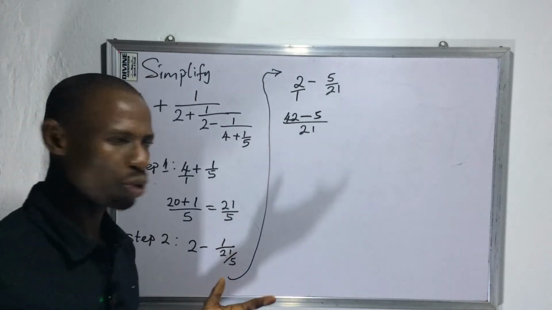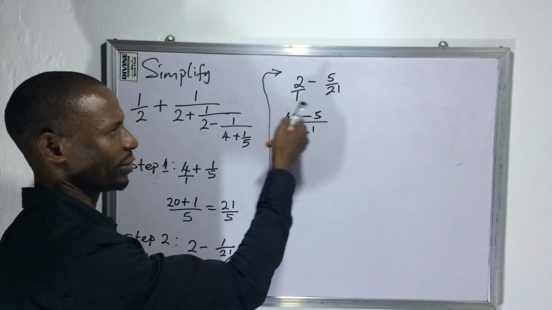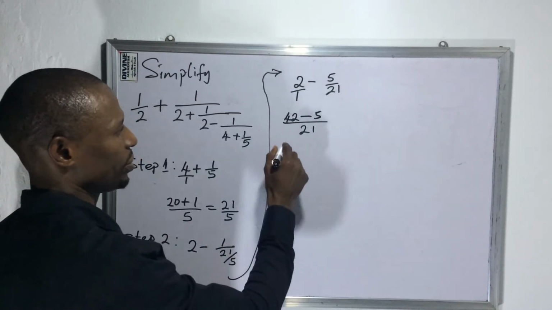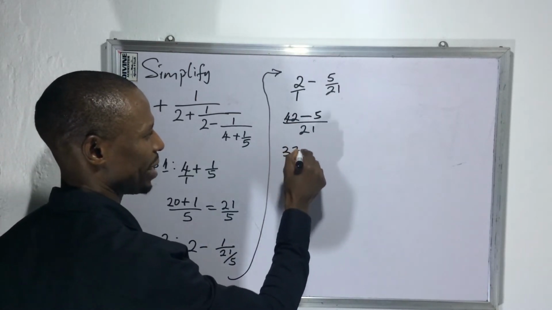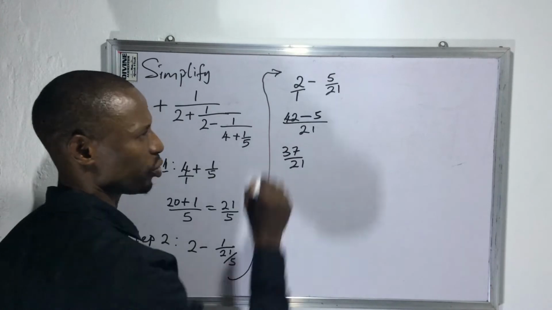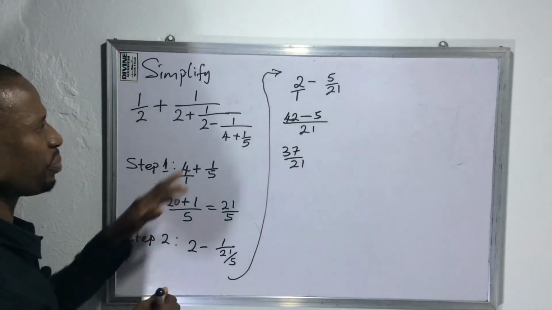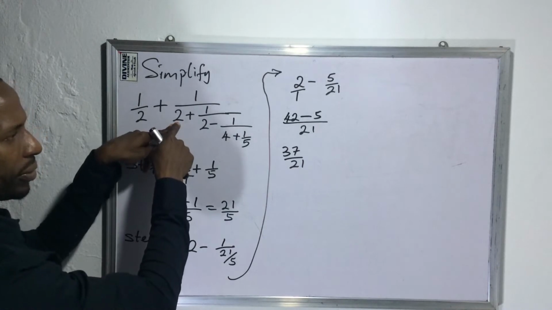It is at this point we can now subtract 5 from 42. So 42 minus 5 gives us 37 all over 21.